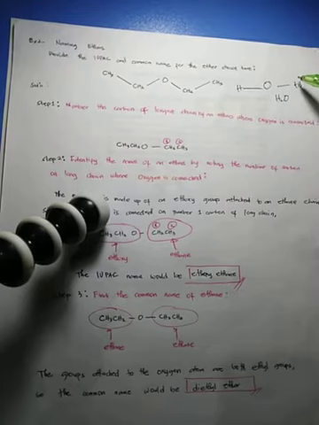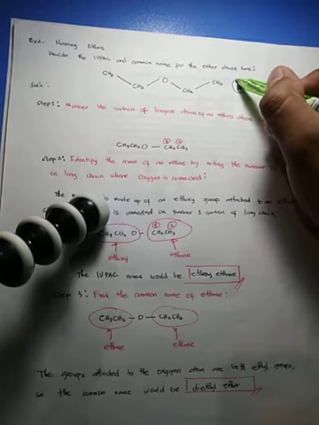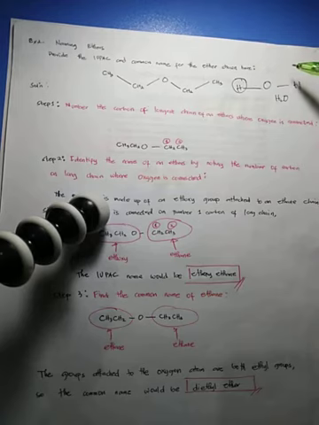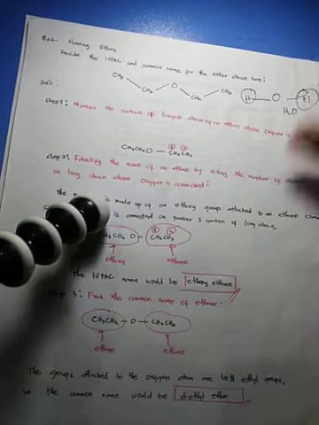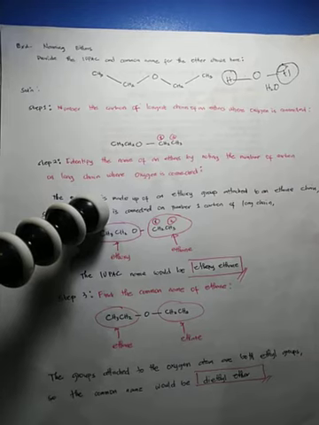Sa alcohol, kung aalisin natin tong hydrogen na to tapos papalitan natin ng hydrocarbons, yun yung alcohol. Sa ethers, kung aalisin natin itong hydrogen tapos lahat papalitan natin ng hydrocarbons, so yan na yung ethers.